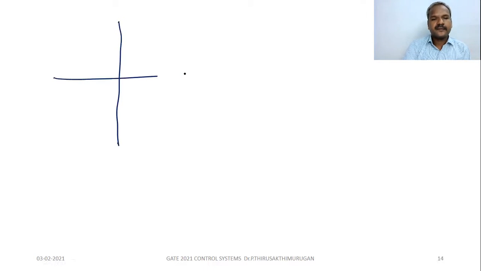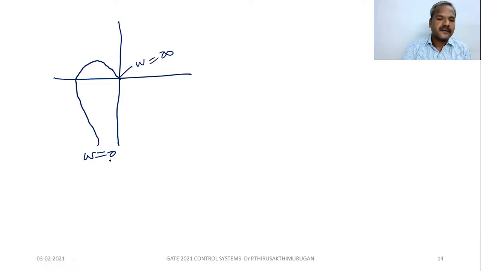You know, so omega is 0, omega is infinity, magnitude is 0, magnitude is infinity, here magnitude is 0. Now the point of intersection is doubled, so 0.8.